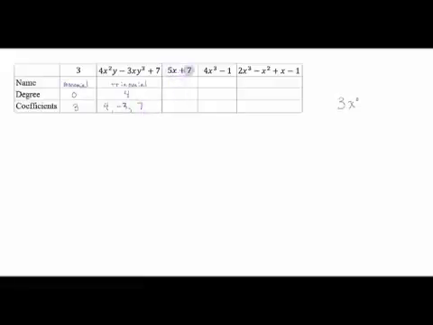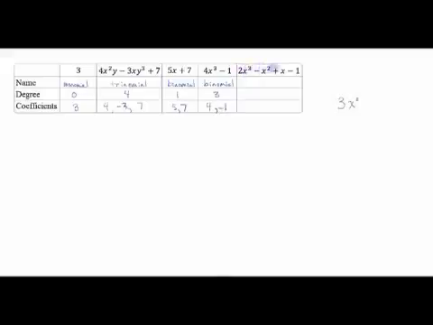Here, the name of this polynomial is the binomial. Its degree is 1, and the coefficients are 5 and 7. This is also a binomial. Its degree is 3, and its coefficients are 4 and -1.